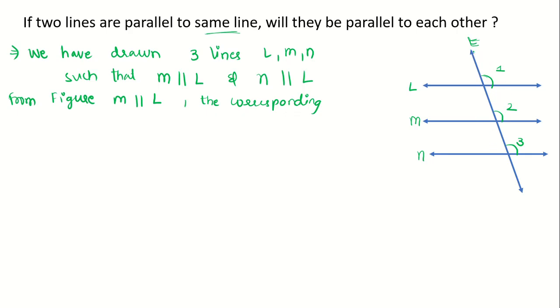So here when line T, which is your transversal, cuts across these three lines, it forms three different angles: angle 1, angle 2 and angle 3.